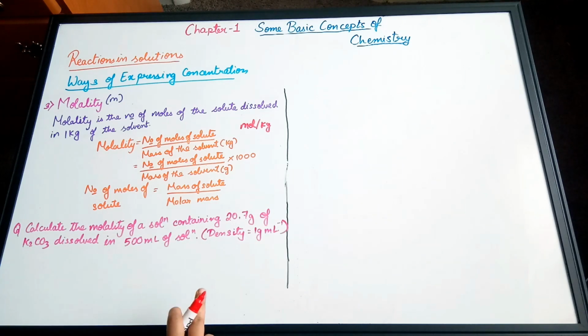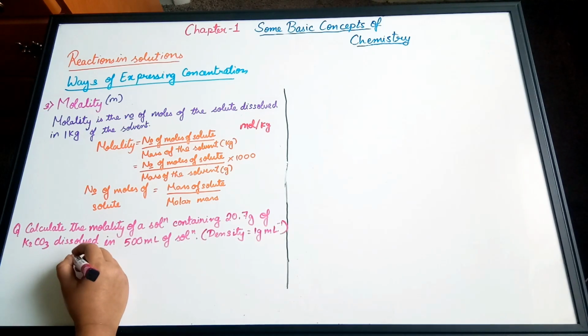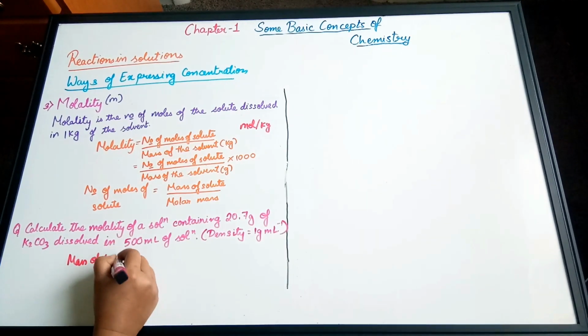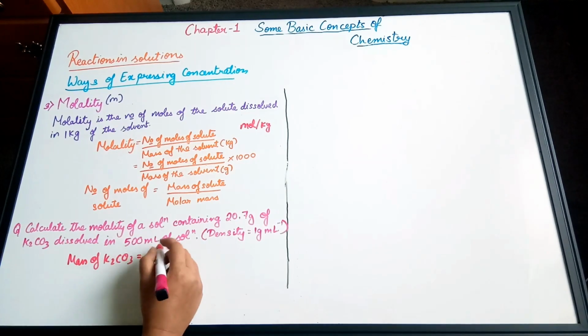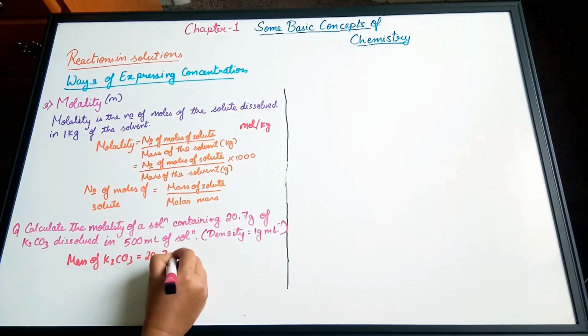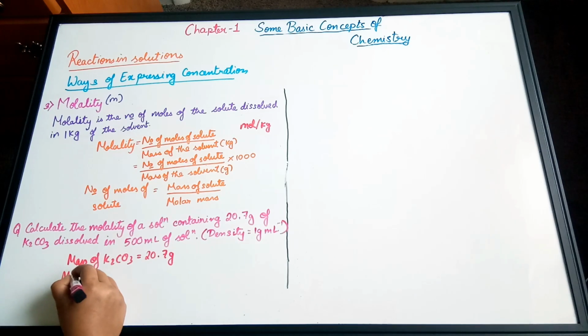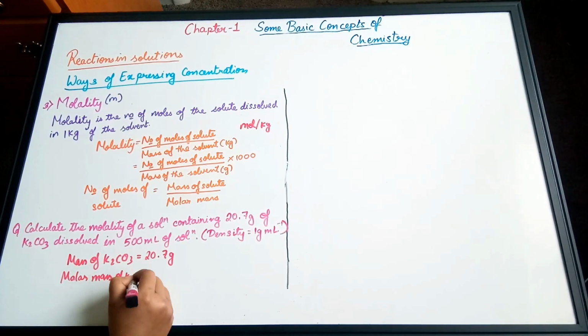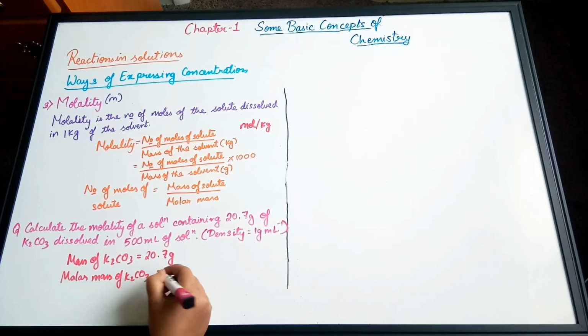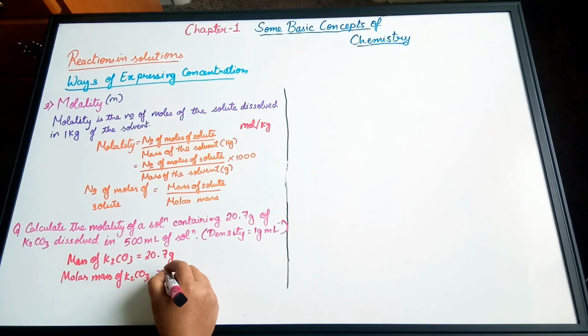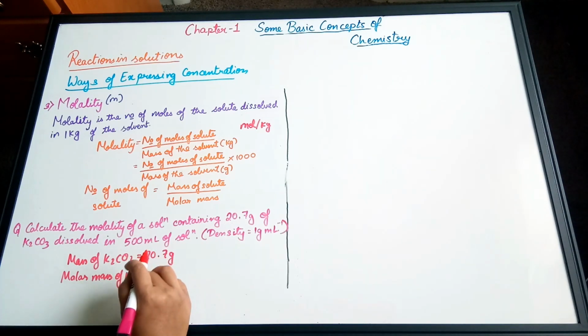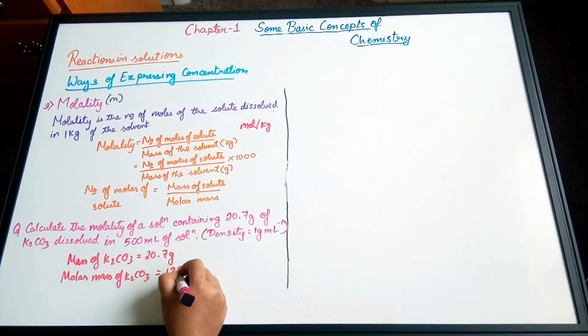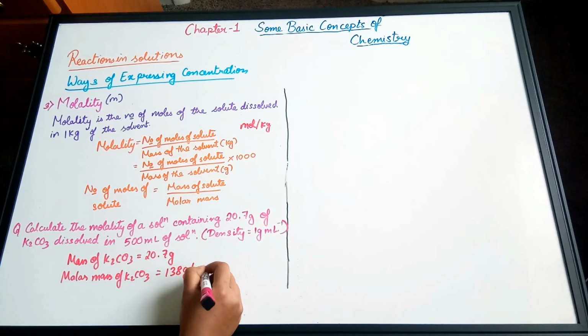But now we need the mass of the solvent. So first, what's given? Mass of K2CO3 equals 20.7 grams. Now the molar mass of K2CO3 will be equal to the mass of potassium into 2 plus carbon plus oxygen into 3, which is equal to 138 grams per mole.